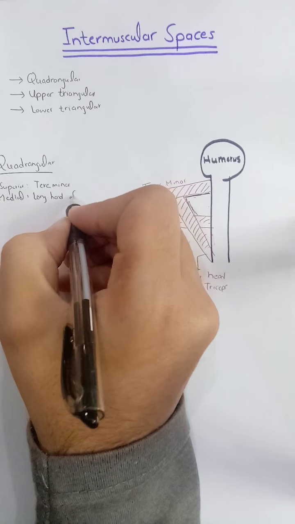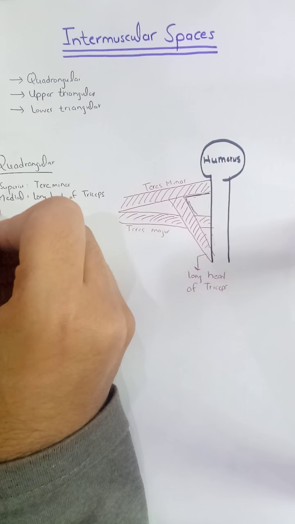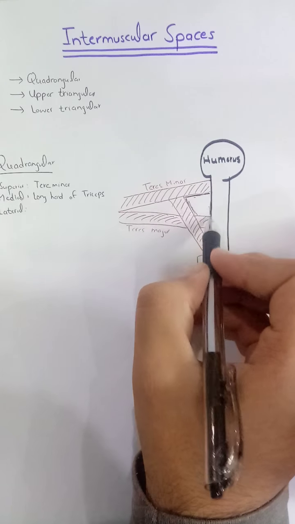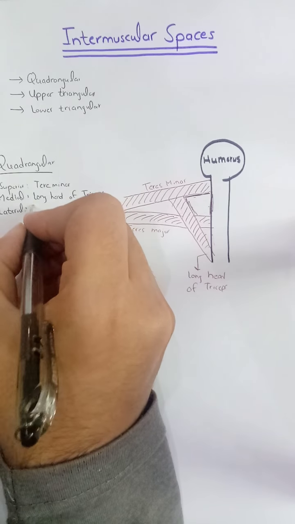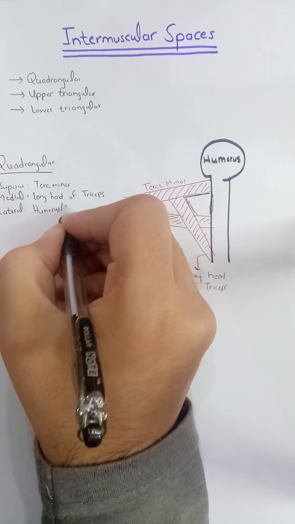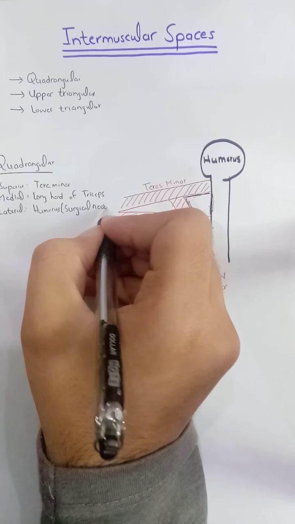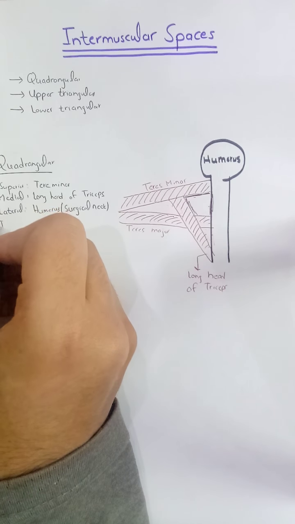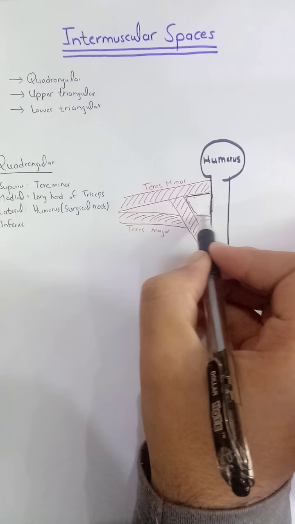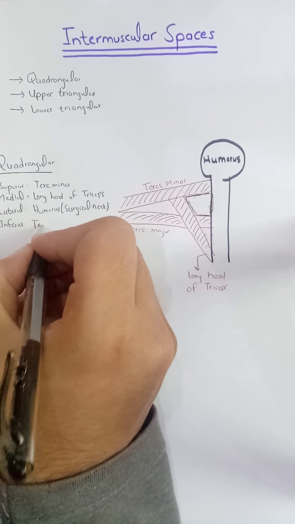Then its lateral boundary will be by the humerus bone, specifically the surgical neck of humerus. And its inferior boundary will be by the superior border of teres major.